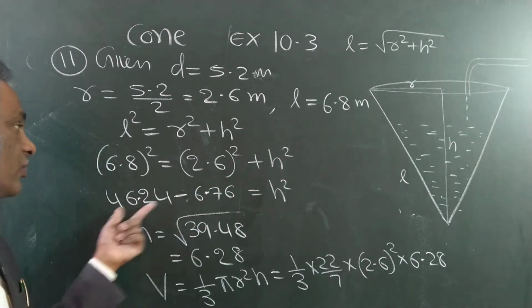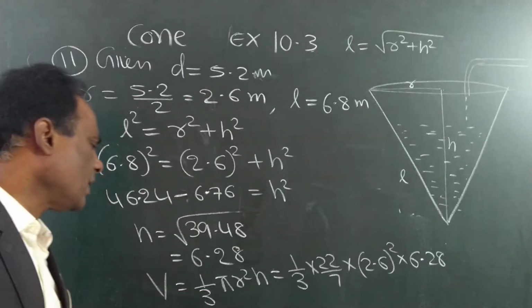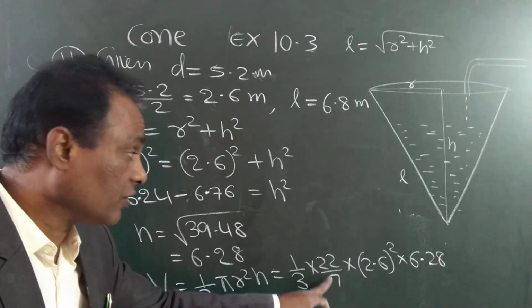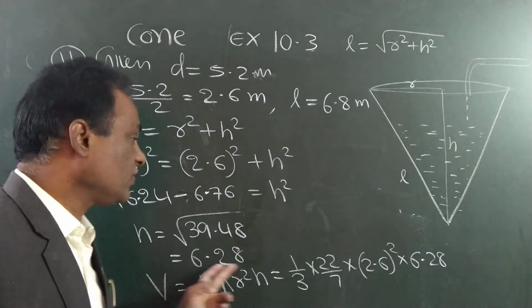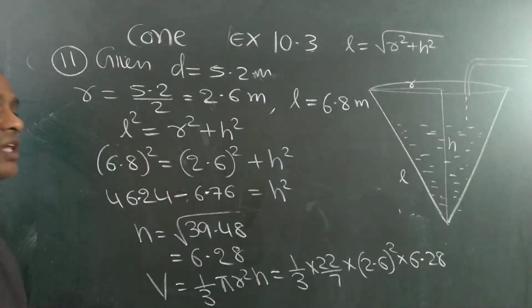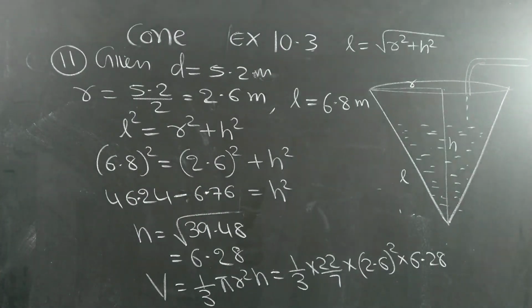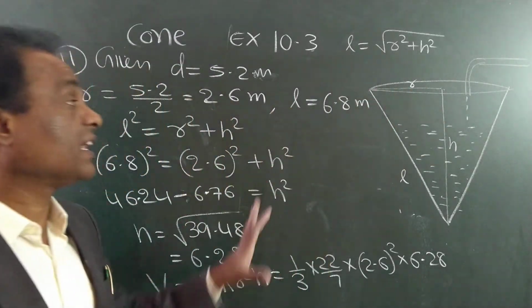Subtract, then find its square root, approximately. Then 1 by 3 pi r square h: 1 by 3 pi, 22 by 7, r is 2.6 whole square, into h is 6.28. Understand up to here. I calculated the volume of water in the vessel.